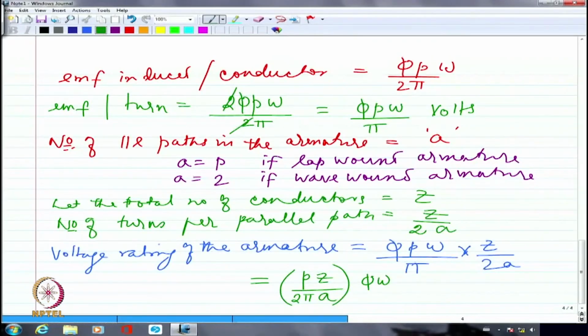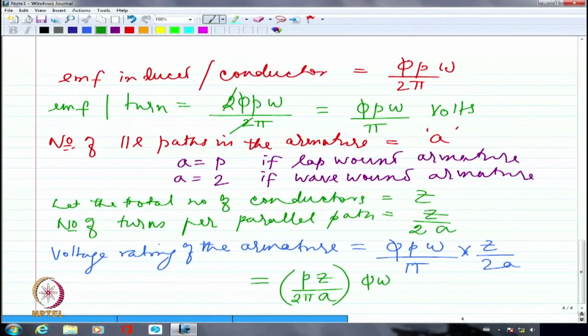Phi is actually the flux per pole, and that can be varied if I increase the field current or decrease the field current. Normally we will try to operate it at rated flux, whatever is the rated flux of the machine. But for some reason I want a lower voltage, I may go with less amount of flux.